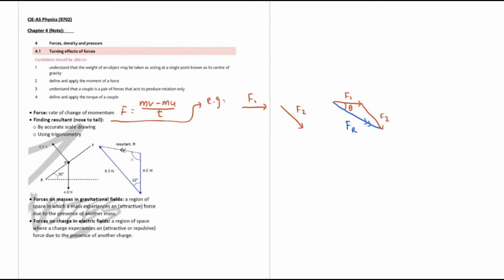So maybe I call it, let's say there is a force acting in this way. The weight of the object is this way, then there is a force which pulls the object in this way. So the weight of the object and then a force of 6 Newton pulling it in that way.